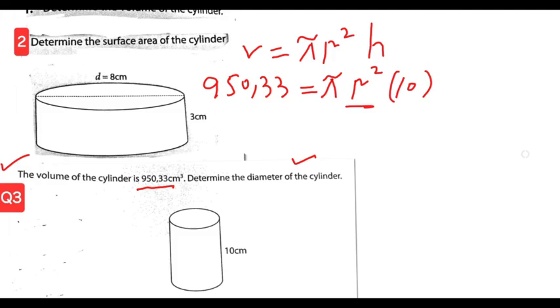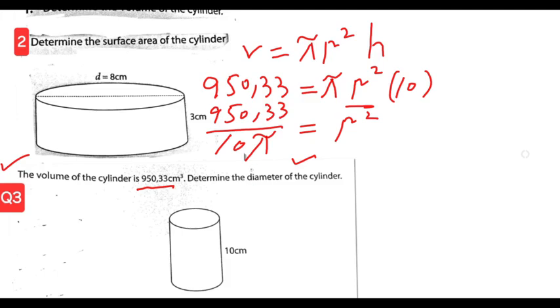I need to find the r, and 950.33 I'm going to solve algebraically. This 10 pi is multiplication. When I switch over this side, it becomes division. Now I use my calculator to solve this one.